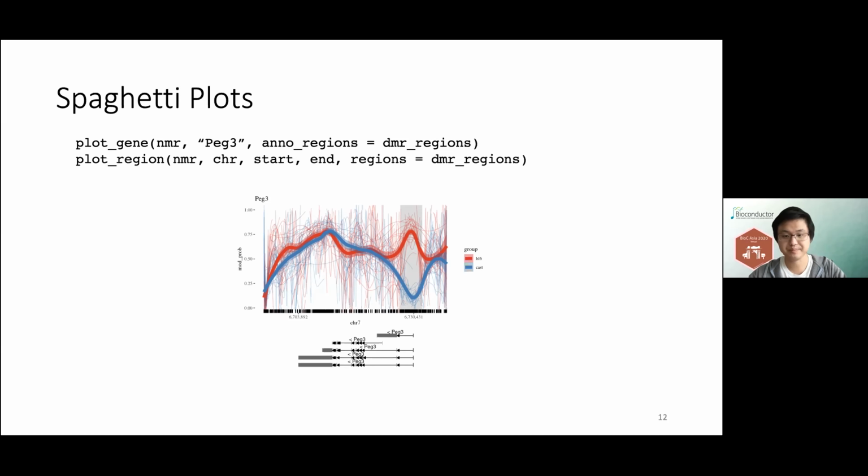These kinds of plots help you get a higher resolution look into areas where your methods have marked a DMR, and hopefully they'll be very useful for researchers working with nanopore methylation data.